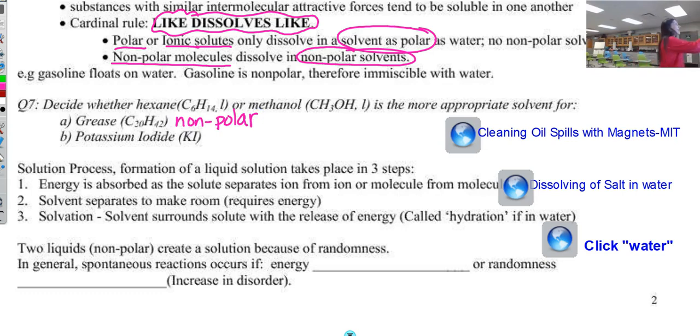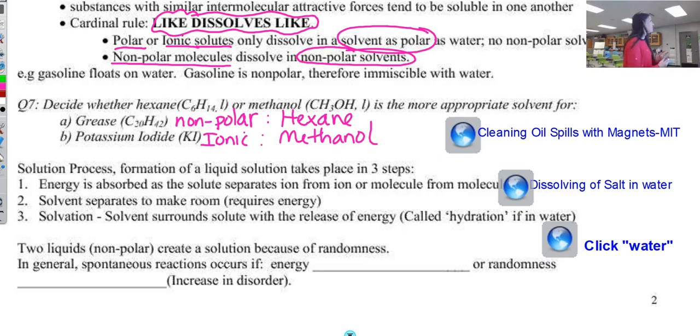Did you guess hexane? If you guessed hexane, you are right. Hexane, C6H14, is going to be our more nonpolar solvent. Potassium iodide is ionic, and if it's ionic, I want the solvent that's going to be more polar. Water would be my best choice, right? But in this case, I would rather use the methanol, okay? So if you're trying to decide which one, that's how you would do that, all right?